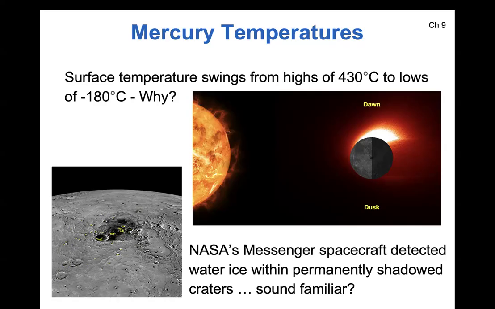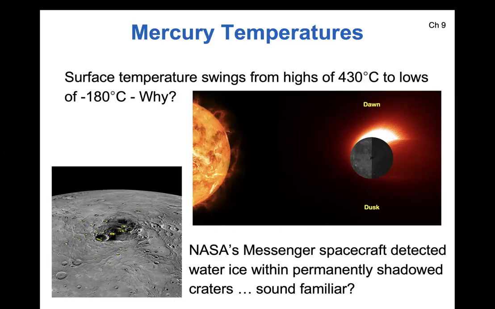Despite this, there is likely some ice for the same reason, and I want to bring this up because it ties in nicely with what we learned about the importance of craters at certain latitudes, especially on worlds like both the moon and Mercury that have no axial tilt. When you have a crater near the pole, you have no sunlight ever reaching the bottom of the crater.